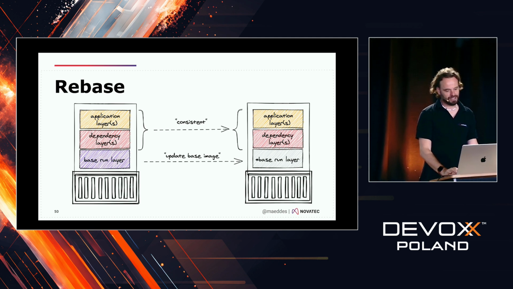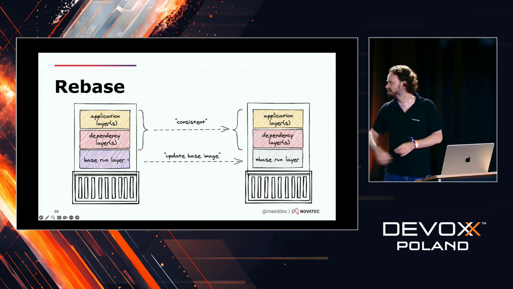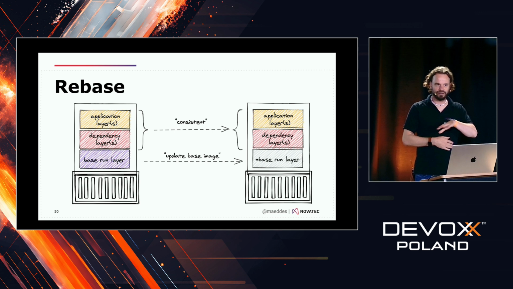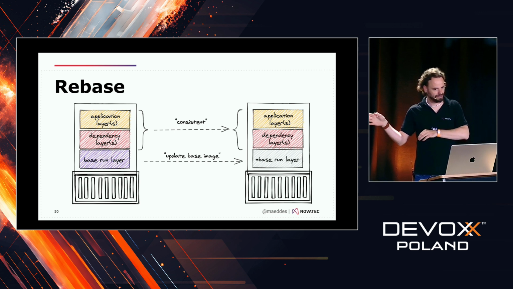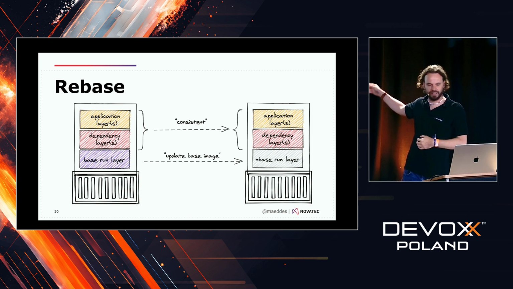Now, if you have consistency on your base images, and you have a vulnerability somewhere at the operating system level, you can very easily say, well, either all of them have it or none of them has it. And if all of them have it, they can quickly rebase all the images, and operation can continue.